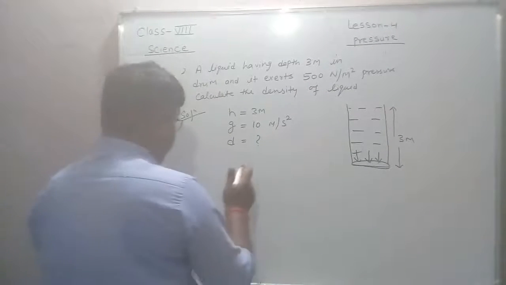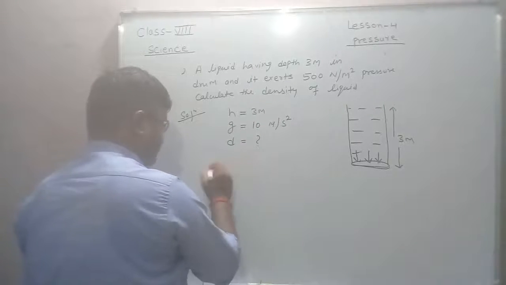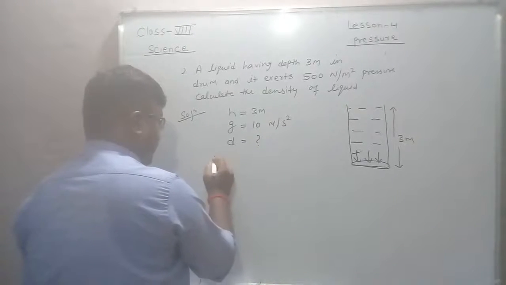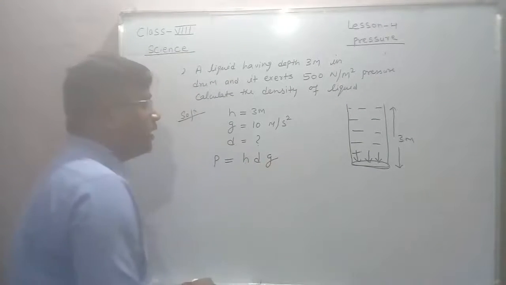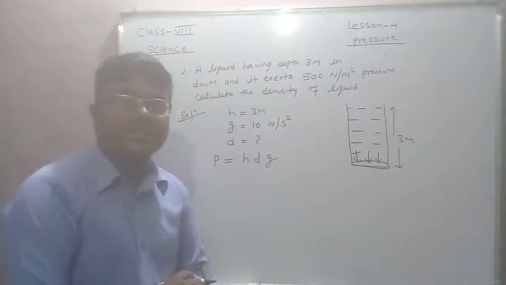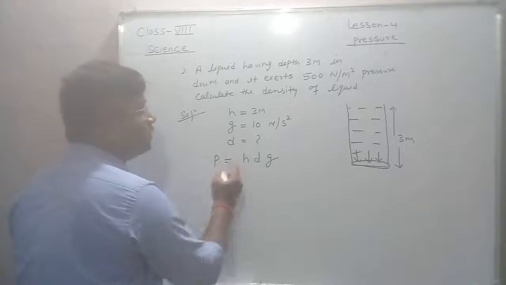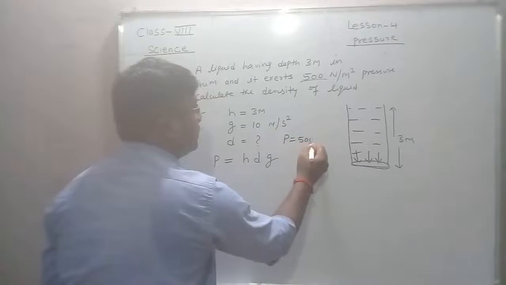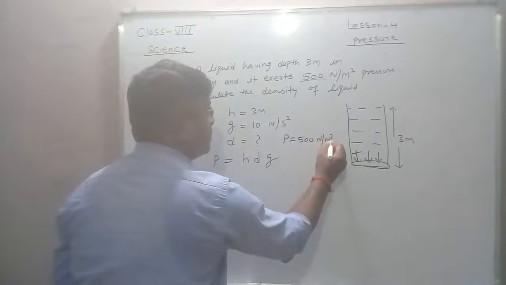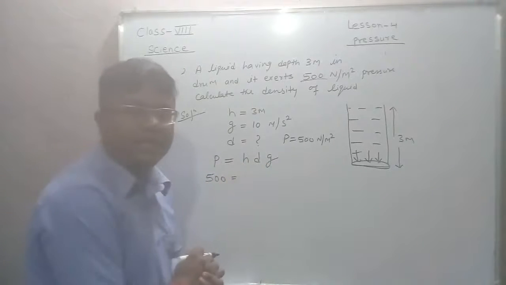We have the formula: liquid pressure is equal to hdg. Pressure is given to us as 500 Newton per square meter, so in place of pressure I will keep 500. The unit I will write at last.